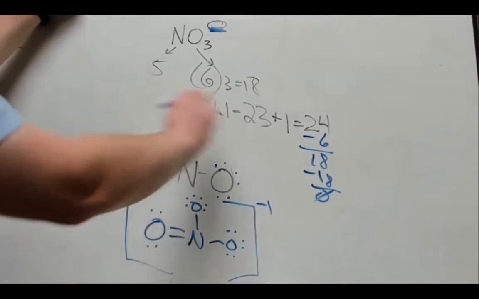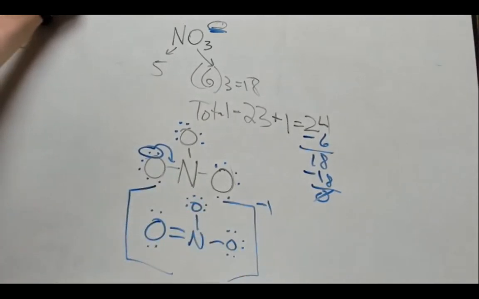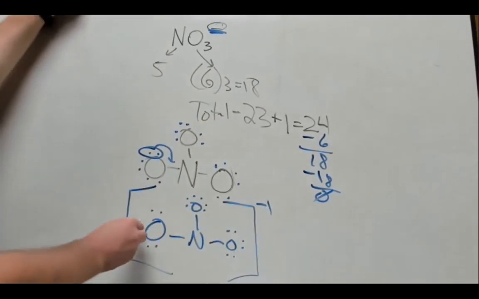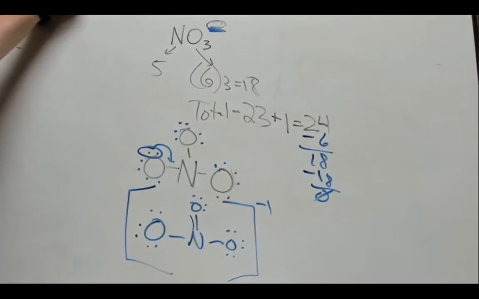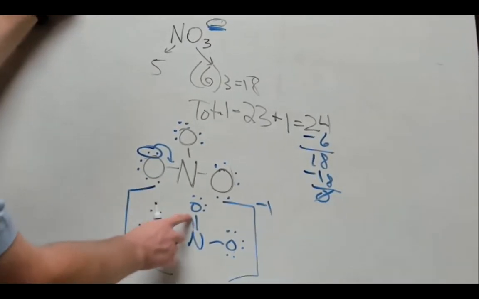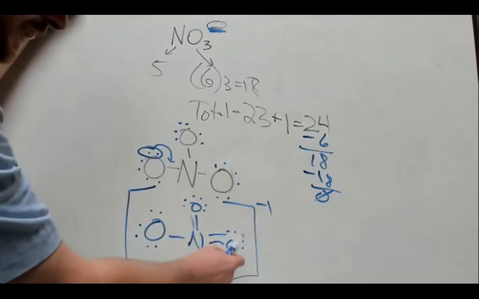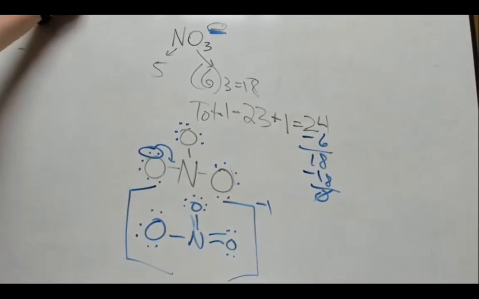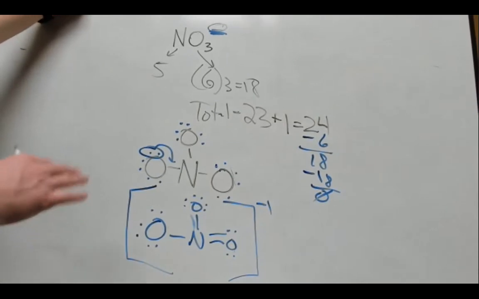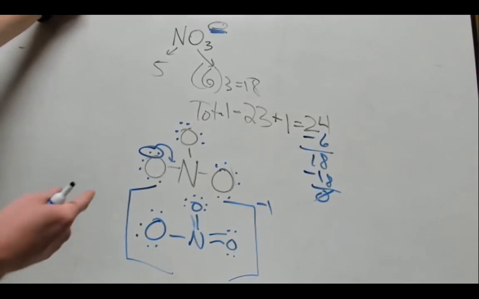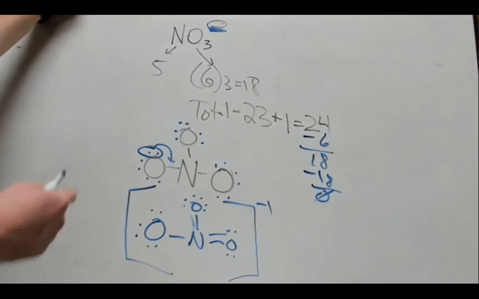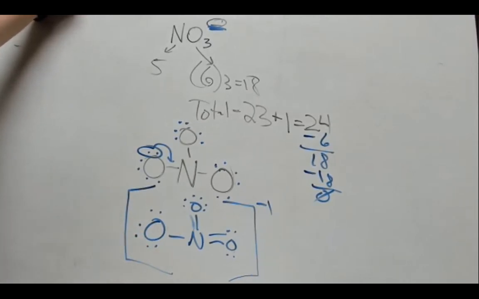But let's say we decided not to put the double bond there, but there, or somewhere else. All of those are pretty much the same. They're different structurally, but they look exactly the same: an N double bonded to an O, with single bonds to the other oxygens.